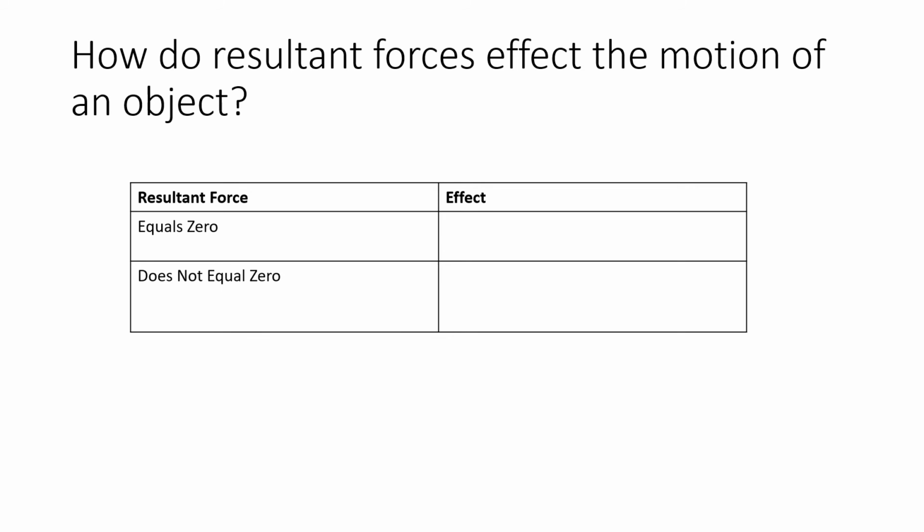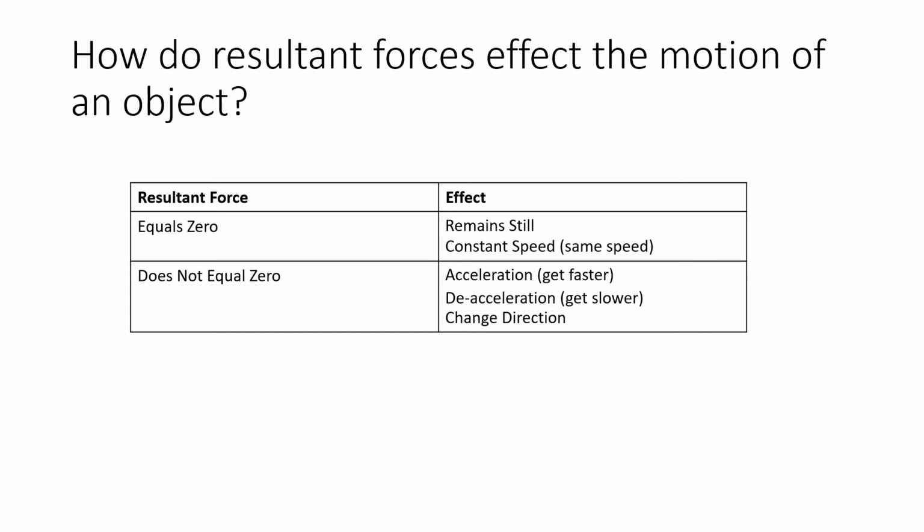Therefore, you are going to slow down. So there we are. If the resultant force equals 0, it remains still or at a constant speed. If the resultant force does not equal 0, the object will accelerate or decelerate or change direction. That's important.